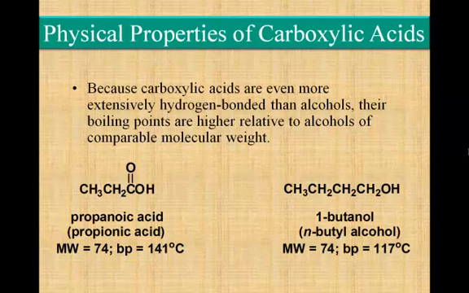So there's quite a big difference, with propionic acid having the higher boiling point of the two because of the more extensive hydrogen bonding. You may remember that alcohols may also form hydrogen bonds with each other, but they can't form the same sort of networks or dimers that carboxylic acids can form.